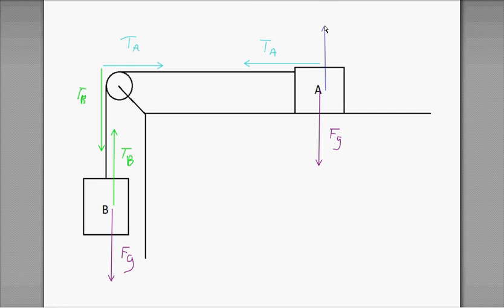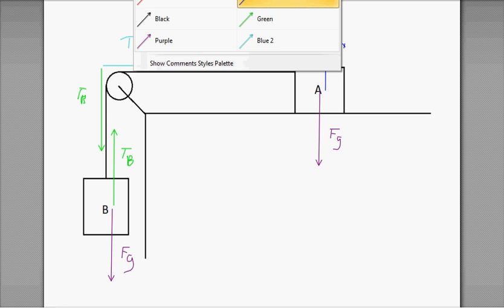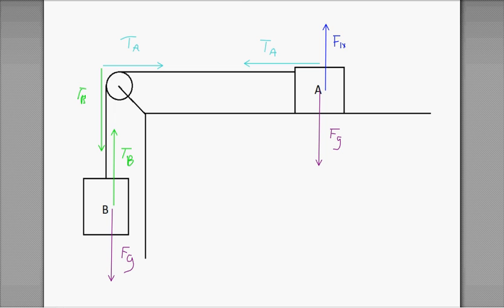Acting up, you should have a normal force. And then, only in certain situations, keeping this object from moving could possibly be a force of friction.